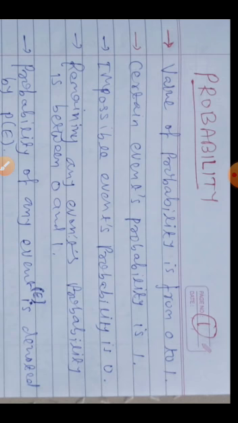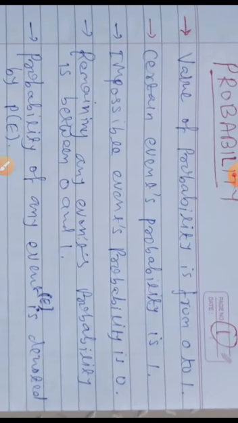First of all, the value of probability is from 0 to 1. It cannot be negative, it cannot be more than 1. A certain event's probability is 1. If anyone's probability is 1, then it is a certain event. Suppose I say, find the probability of the event that the sun rises in the east. Obviously the sun always rises in the east, so it is a certain event and its probability is 1.